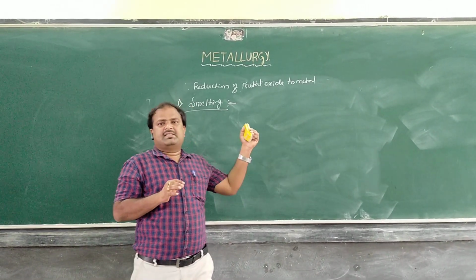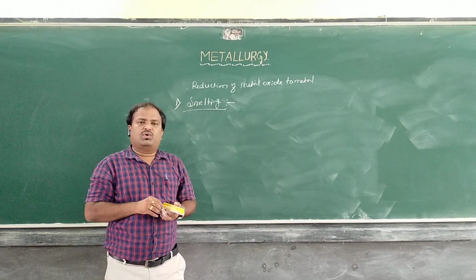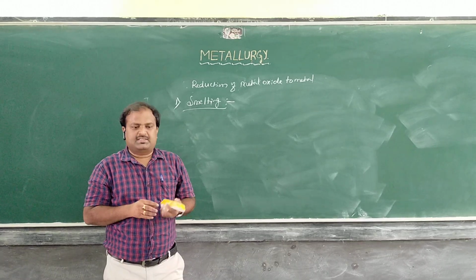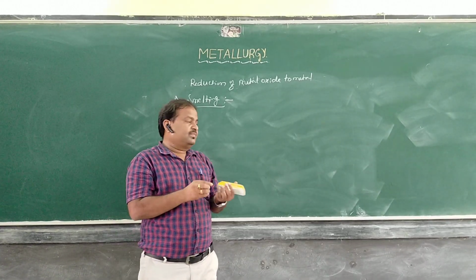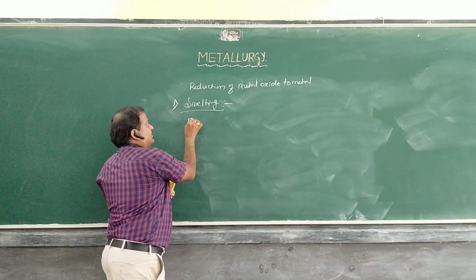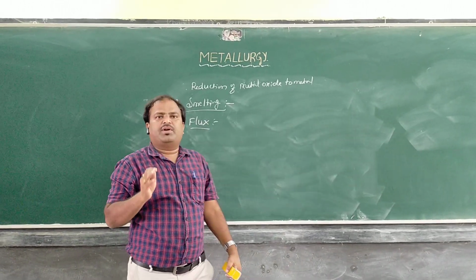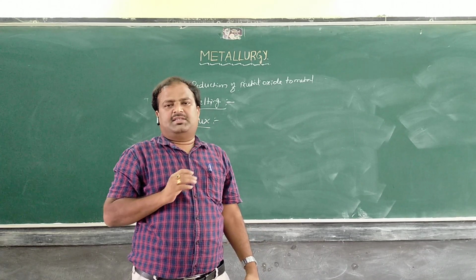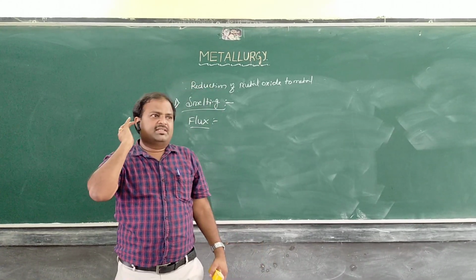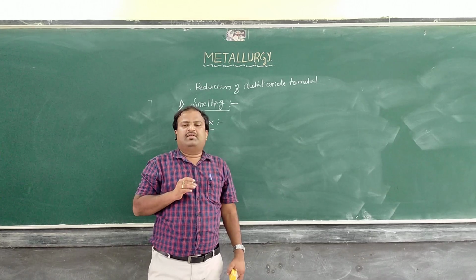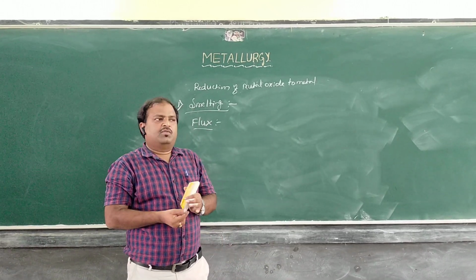Generally during the smelting, carbon, coke or carbon monoxide are used as a reducing agent, and flux. So flux has an important role in metallurgy. Flux is used as a cleaning agent or purifying agent in the metallurgical process.